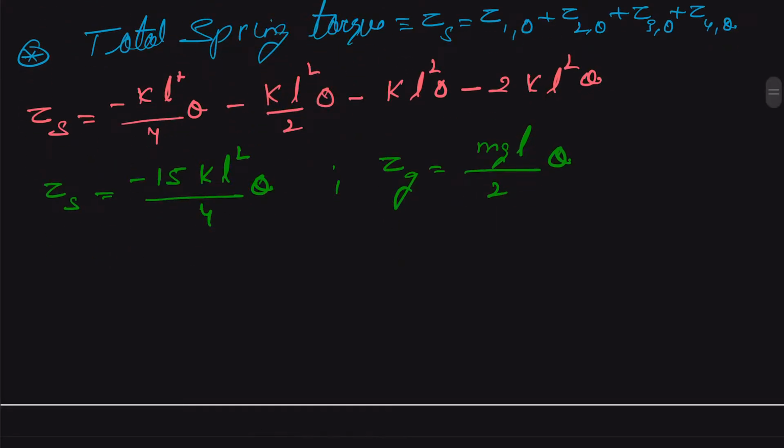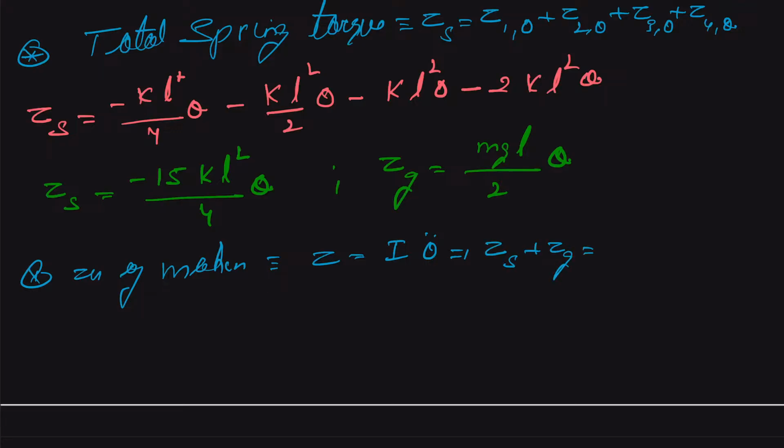Now we are going to use the equation of motion, which gives us that the torque is equal to our moment of inertia times the double derivative of theta. In terms of torque we can write this as torque because of spring plus torque because of gravity is equal to moment of inertia times double derivative.